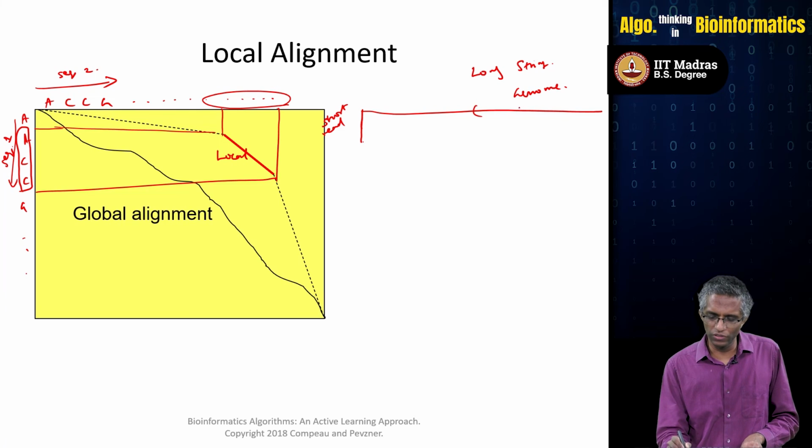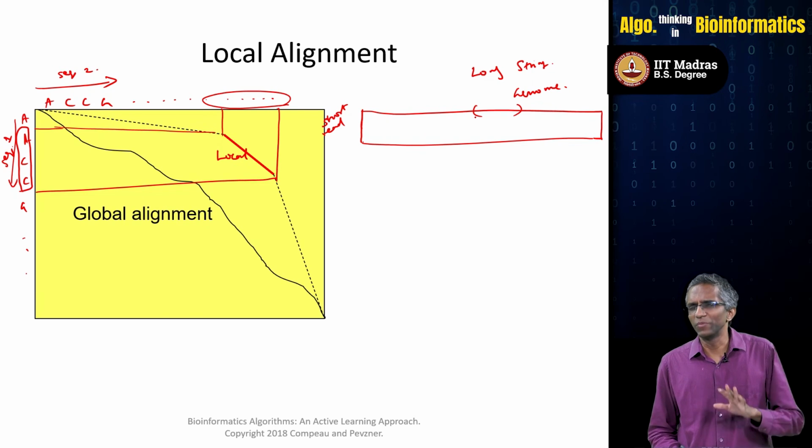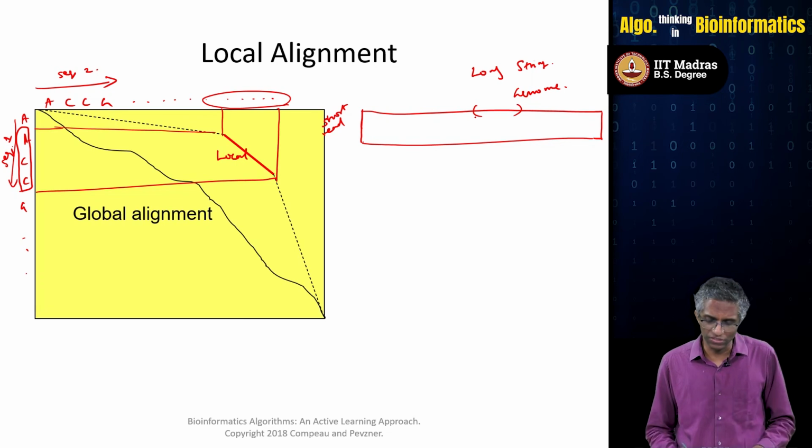We are looking for a substring in the genome where the short read would align, and we are not going to consider insertions or deletions. We will consider a few mismatches, but initially, when we are presenting the problem, we are only looking for exact matches.